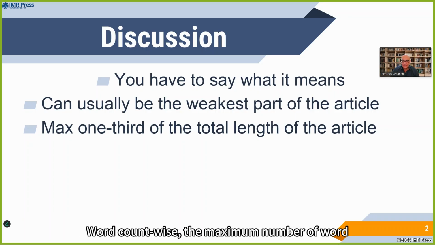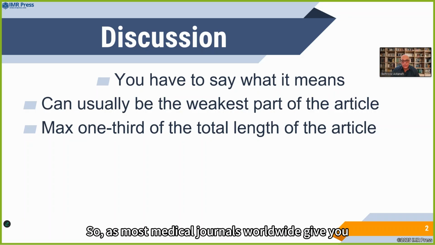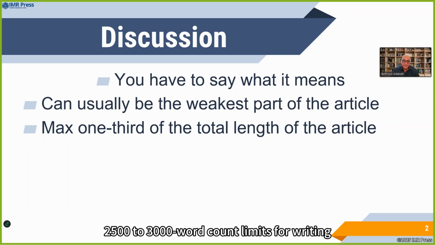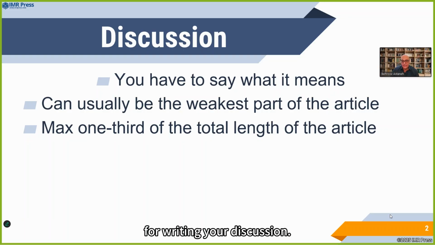Word count wise, the maximum number of words that you can use in your discussion is about 1/3 of the total length of your article. As most medical journals worldwide give you a 2,500 to 3,000 word count limit for writing your manuscripts, 1/3 of this word count would be about 800 to 1,000 words for writing your discussion.